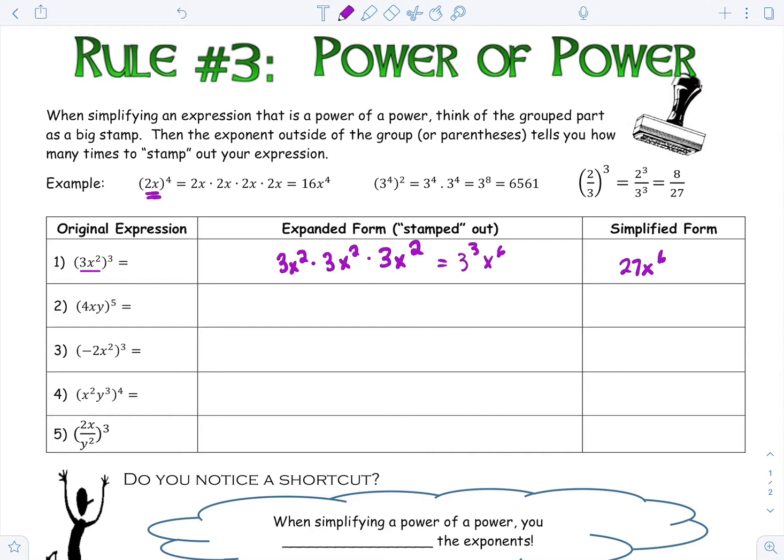All right. So now, with number 2, we have (4xy) raised to the 5th. Feel free to pause the video if you want to try this. All right. Our expression is 4xy, and it's raised to the 5th power. So we're going to stamp that out 5 times. So that's 4xy times 4xy times 4xy times 4xy times 4xy.